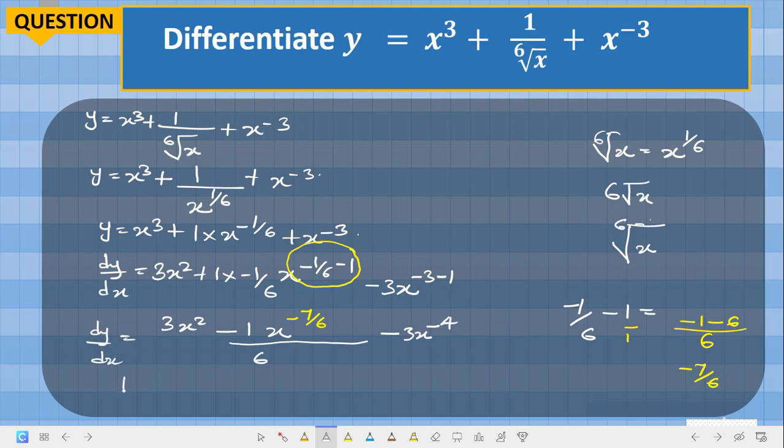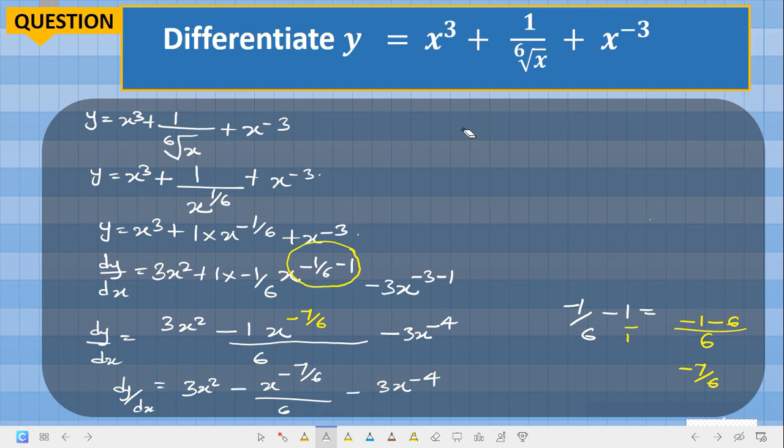Now dy over ds will be equal to 3s squared. Now minus 1 times everything here will be minus s raised to the power of minus 7 over 6 divided by 6 minus 3s minus 4.